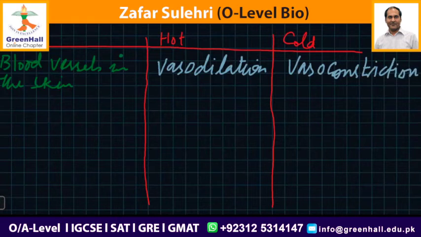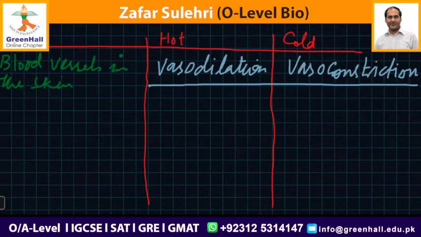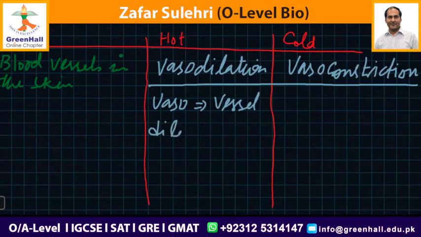The first thing we need to know is vasodilation and vasoconstriction. You know, vaso means vessel and dilation is widening.